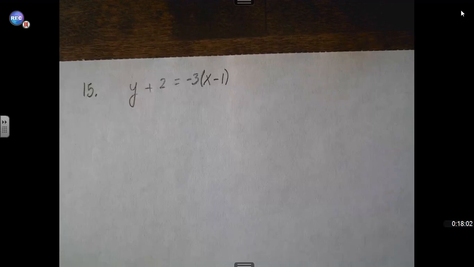So they're giving it to me in point-slope form, and we can see the slope and we can find a point, but I can't look at it and tell you what the y-intercept is. So we could graph it and try to figure out the y-intercept. I don't know if it's going to come out as a nice number. I would rather work it algebraically and transform this equation into slope-intercept form.